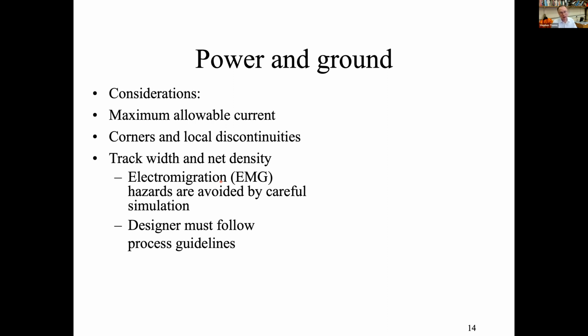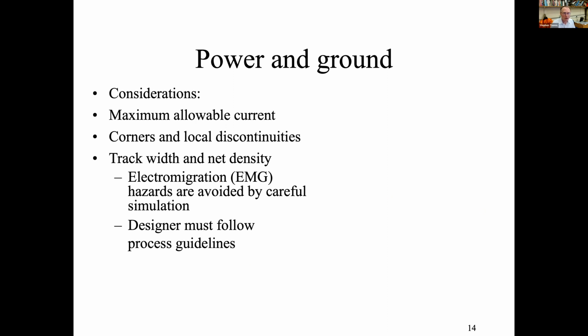So remember the way the circuits look. You've got multi-metal layers, and they can be joined together with little plugs, but these give you discontinuities in terms of local resistances and so on, which can then become hotspots.